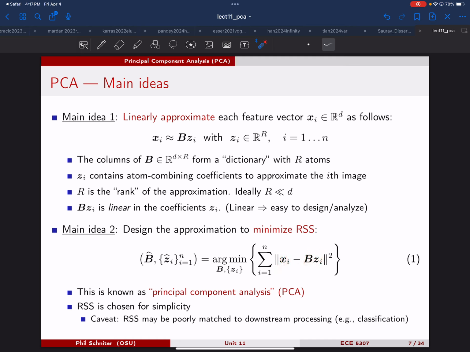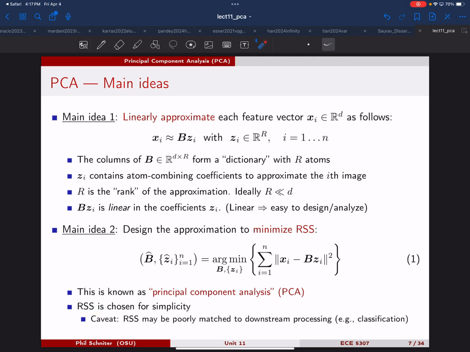But now, we don't have any labels, so we have our features. We're trying to match those with this approximation. And this is the problem that's solved by PCA. So we're choosing RSS because it's tractable and simple.